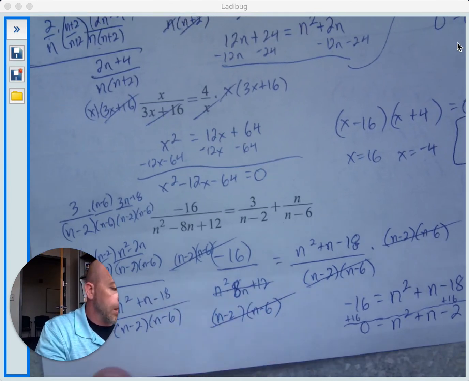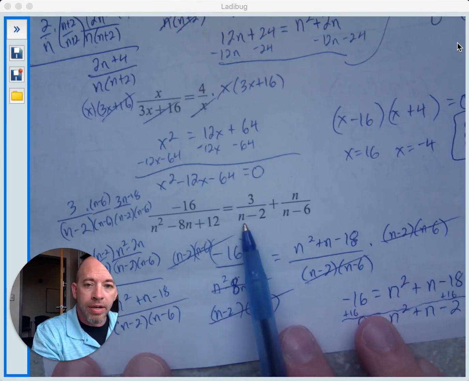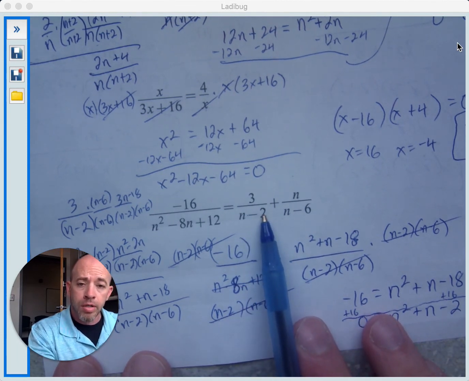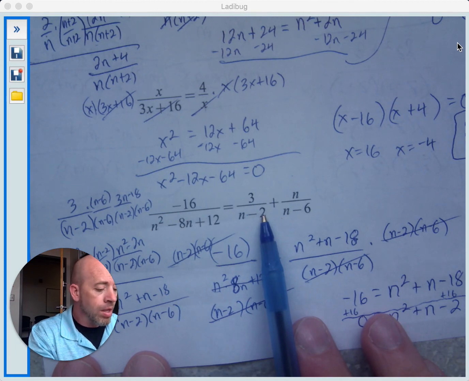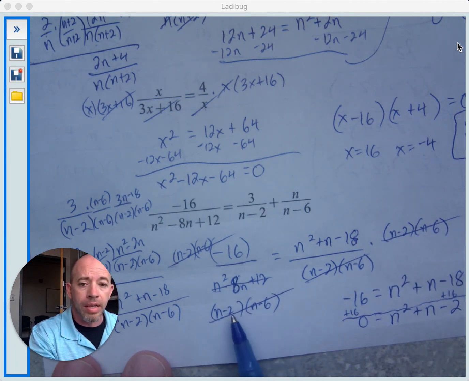If I plug in negative 2, it's okay, right? You might think that would cause problems here, but negative 2 minus 2 is negative 4. You can divide by negative 4. When we factored this, we got n minus 2 and n minus 6. If I plug negative 2 in there, I'm not going to get 0. I'll get a negative 4, and I'll get a negative 10, right?